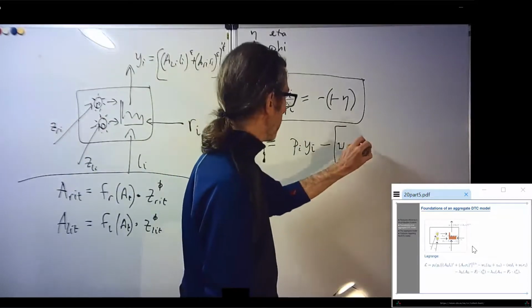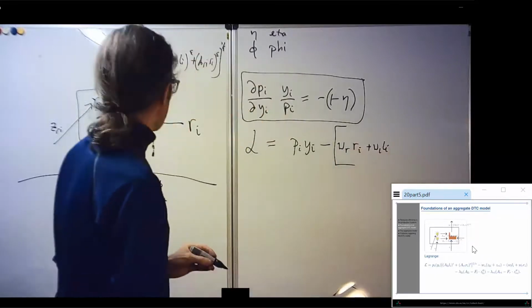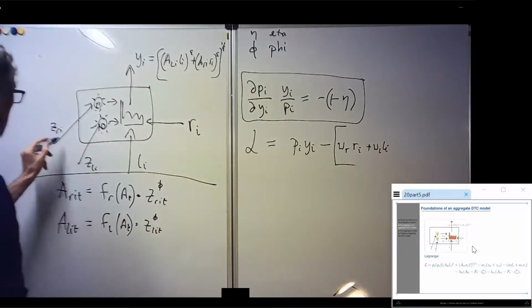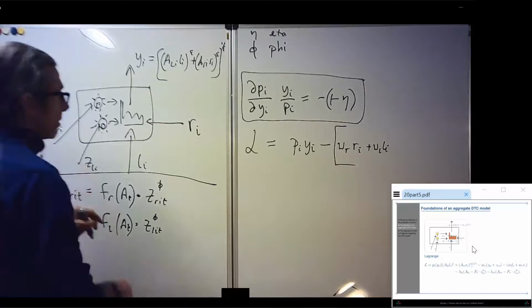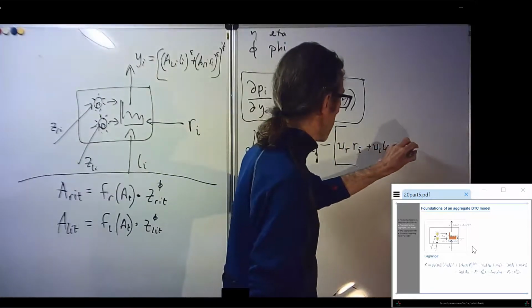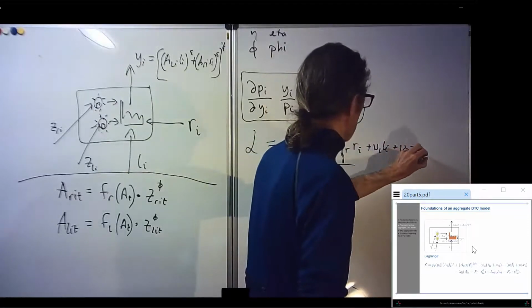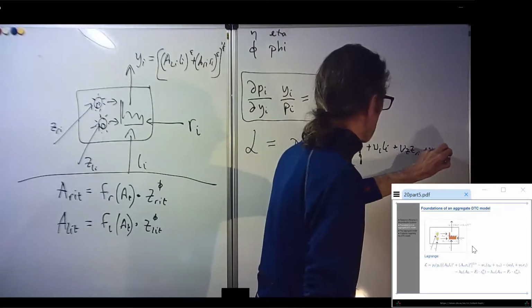What else is costing? It's the price of research inputs, which we can call WZ. Let's do it separately. So it's WZ, ZRI plus WZ, ZLI.